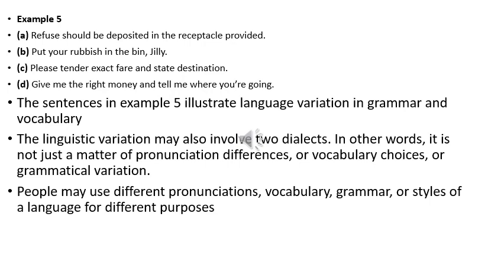The linguistic variation may also involve two different dialects as well. In other words, it is not just pronunciation, but different vocabulary choices, as well as grammatical variation, as well as morphological variation, as well as different ways of saying something based on the way you pronounce it or the way you spell it.